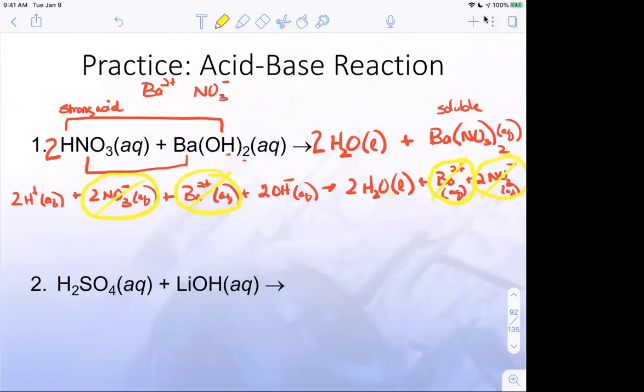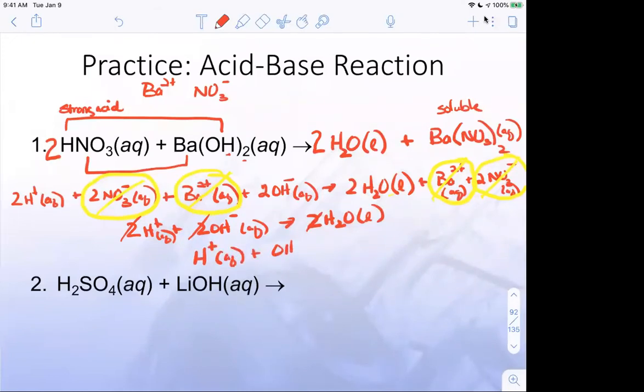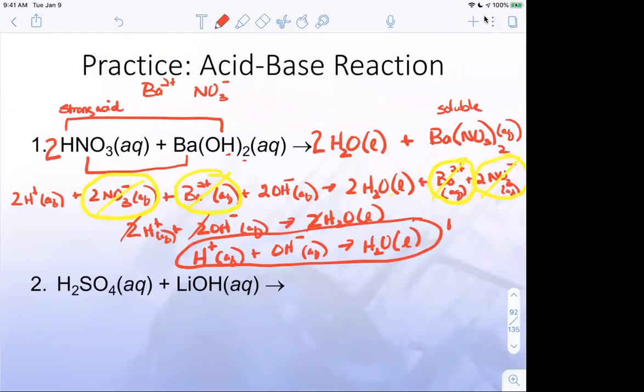And then what I'm left with in terms of my net ionic is 2H plus 2OH minus aqueous goes to 2H2O. And just like before, I can cancel those. So what I get is H plus aqueous plus OH minus aqueous goes to H2O liquid as my net ionic equation.